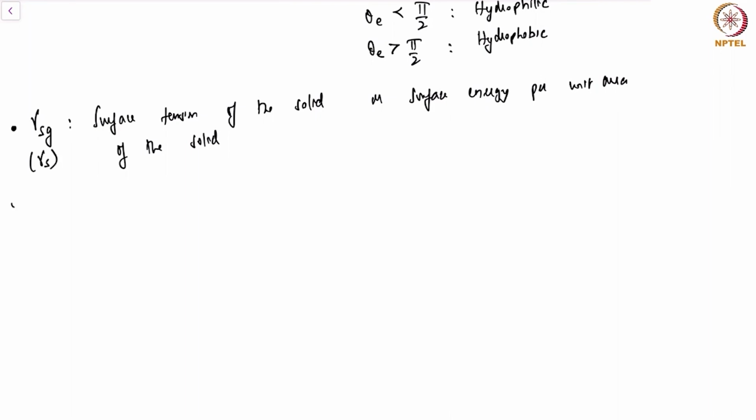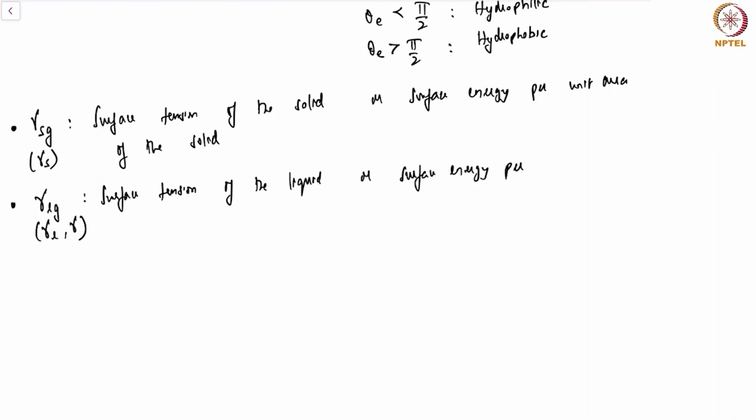Okay. Then the other energy that we want to know is gamma Lg. Okay, and this is also nothing but just gamma L or simply gamma. Okay, this is the surface tension of the liquid, or surface energy per unit area of the liquid air interface.